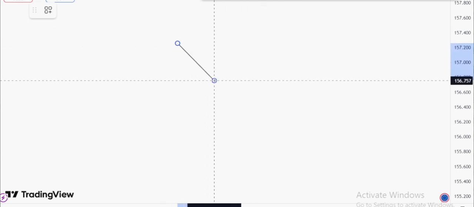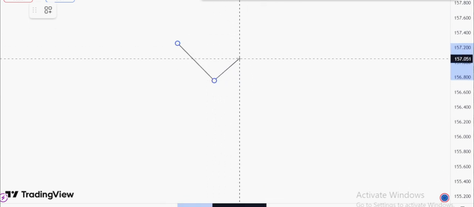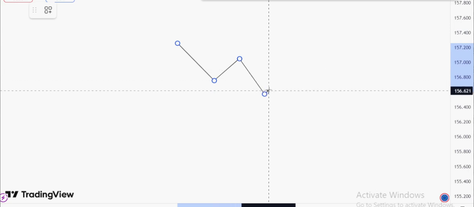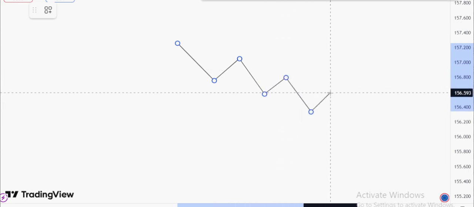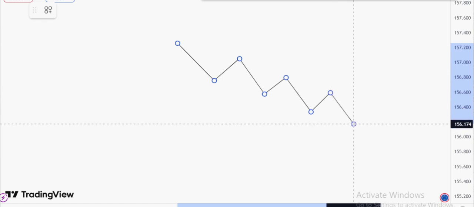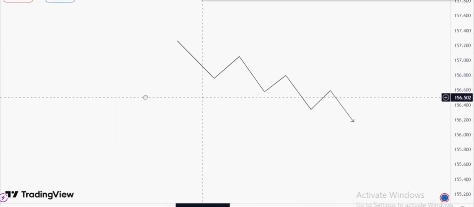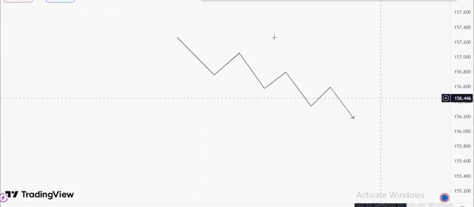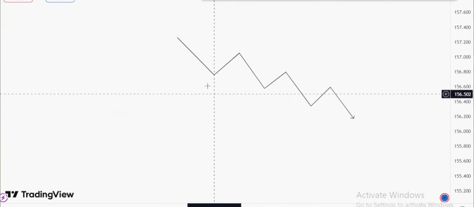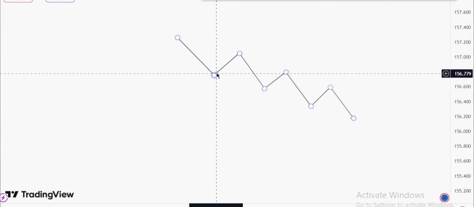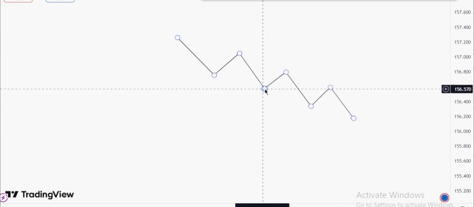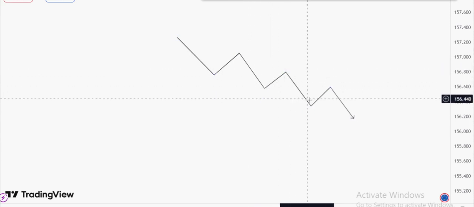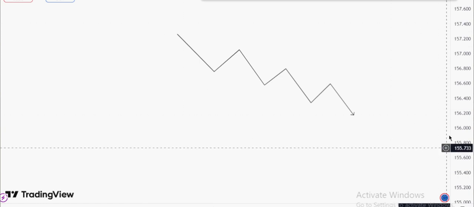Low, pull back, low, pull back, low, pull back, low. Slightly better, but yeah, in an instance like this, when you see market creating a low and then creating a mini high and then creating new lows and then creating more mini highs, creating new lows, this is what we call a bearish market.